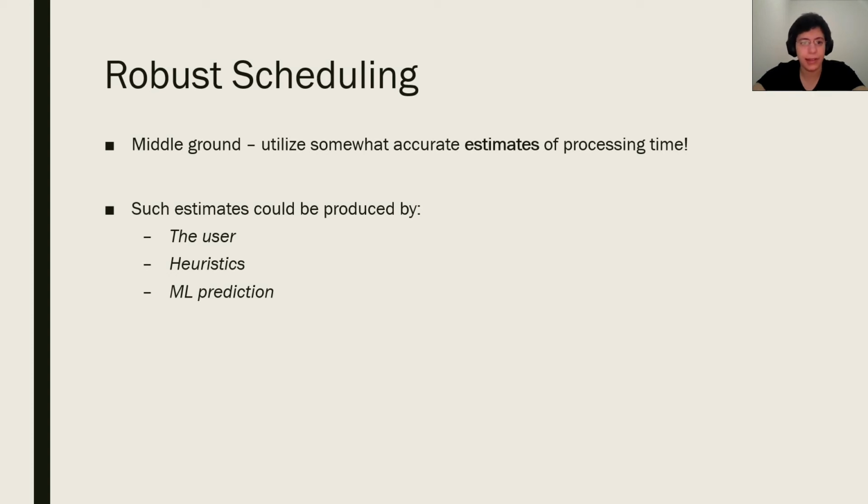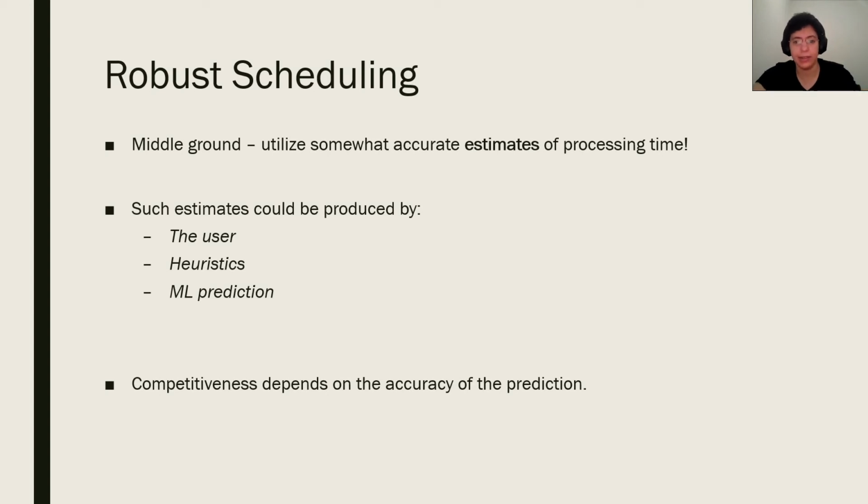So these are things that could occur, and competitiveness would naturally depend on whether this prediction is accurate or not. We expect that if the prediction is completely accurate, we would like to get close to that SRPT optimality. But if the prediction is randomly generated, in no way related to the actual processing time, we would perhaps expect a worse result.